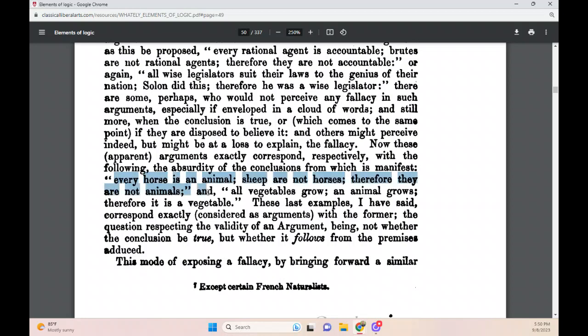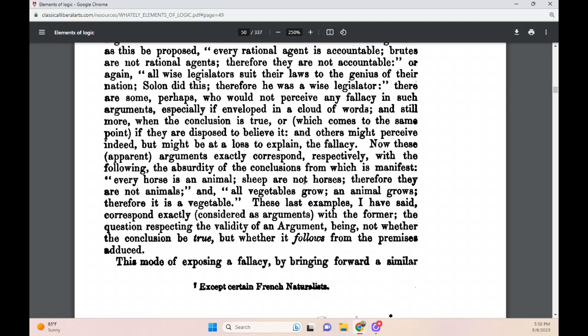But here, because we know that sheep are animals, this argument becomes ridiculous. Every horse is an animal. Sheep are not horses. So if sheep are not horses, then where would their circle be found? Just because they're not horses, their circle would be outside of the horse's circle.